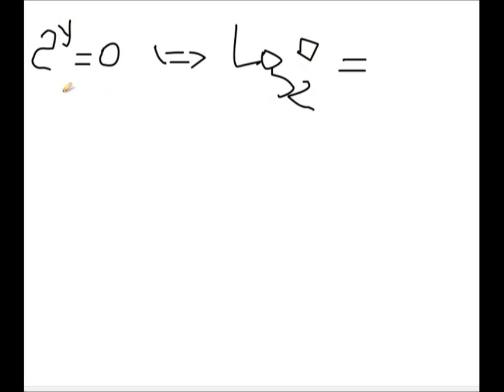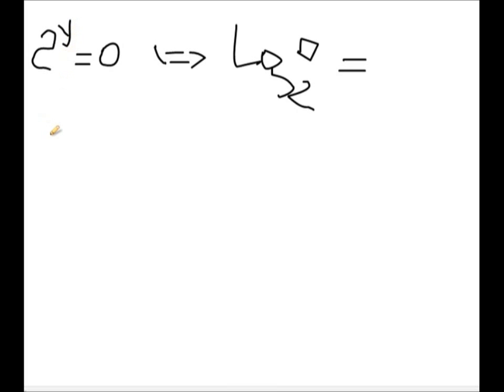There is no way. Understand, when we talk about the logarithm, the base is always positive. We never use a negative base. So there is no way, if I have a positive value, to raise it to a power, whatever the power, to get 0. It can be a negative power.